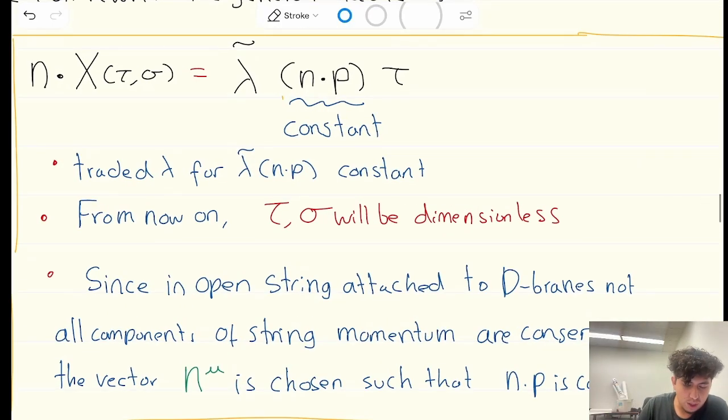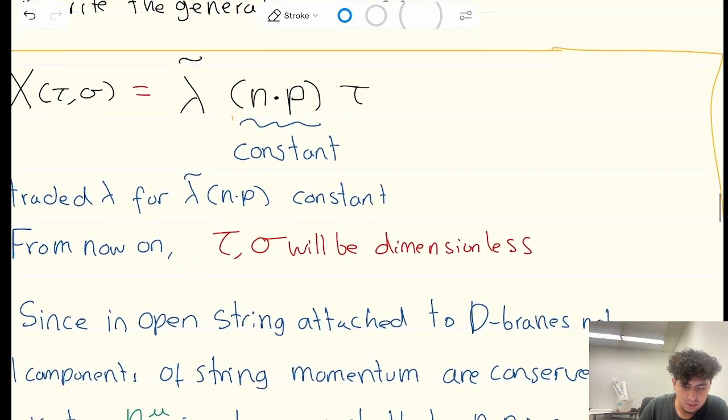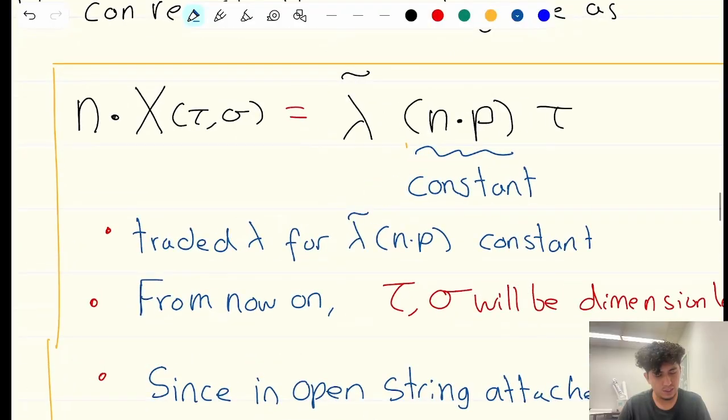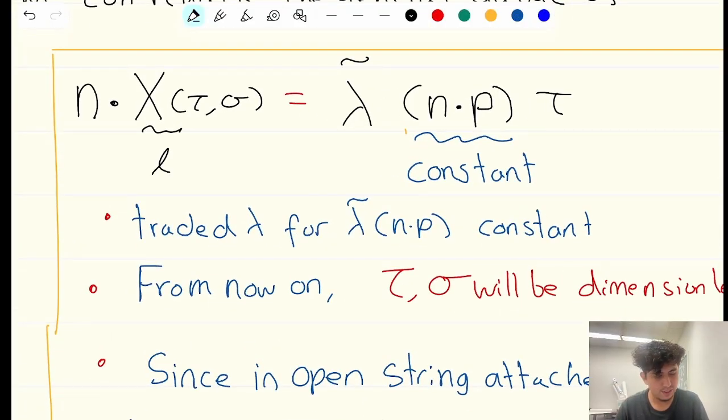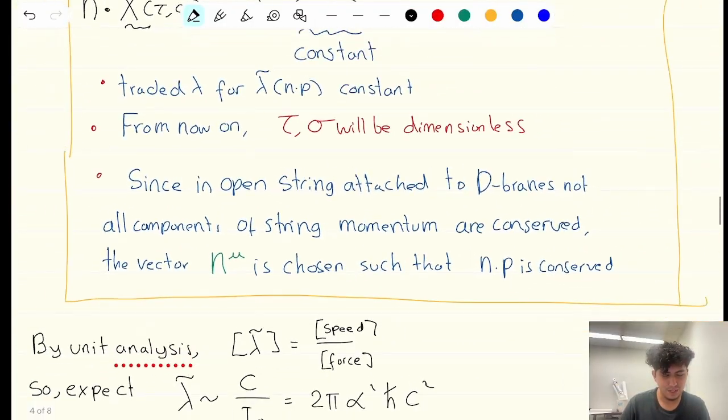From now on, this whole trade was in order to have tau and sigma be dimensionless. If you notice here, the string coordinates have units of length, and we're going to have this parameter cancel the units somehow with momentum in order to get length units. Let me see what units lambda has right now.